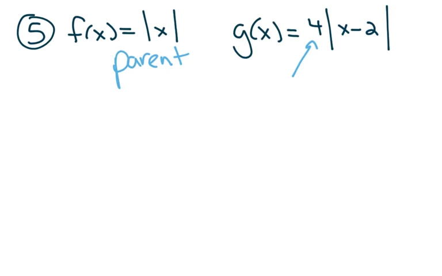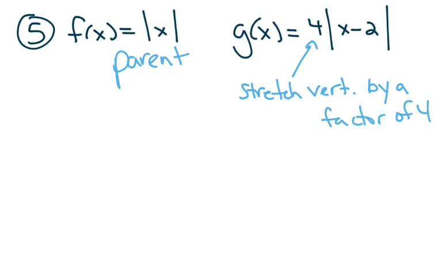Whenever the number you're multiplying the original function by is greater than 1, we say that it stretches vertically, and then it stretches vertically by a factor of 4. And then inside the bars, it says minus 2. That means we're going to move it to the right 2.